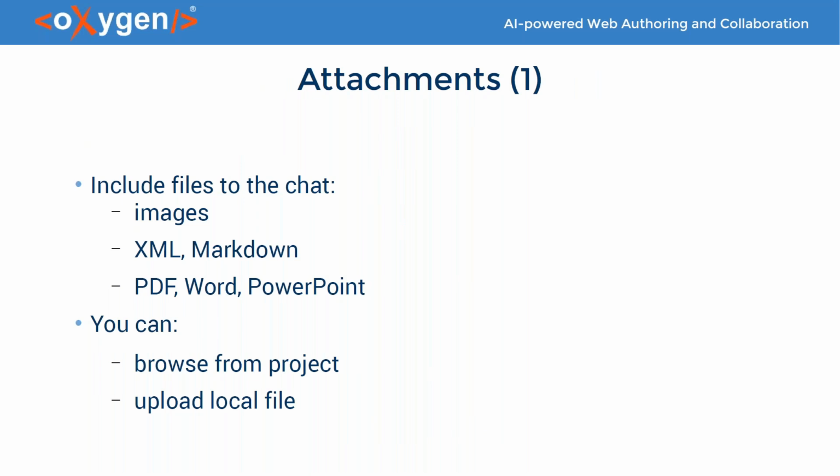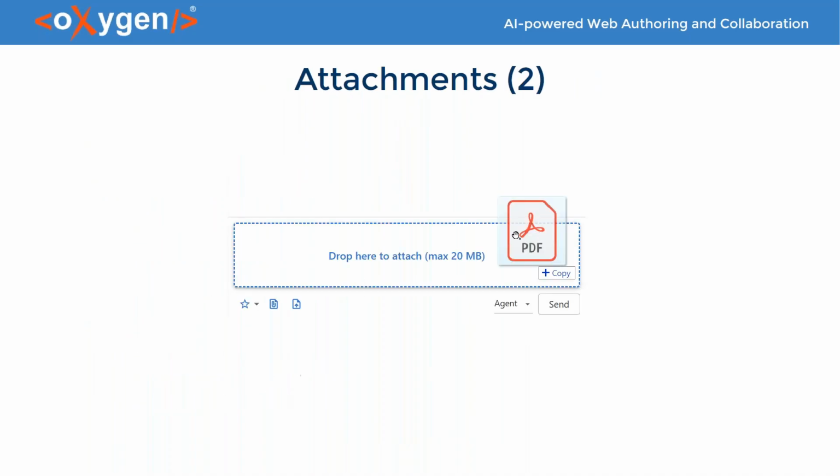You can add an attachment either by browsing from project files, or you can even upload local files. To upload a local file, you can simply drag and drop the file over the chat text area, or you can copy paste it, or you can click the upload from local file button from here.